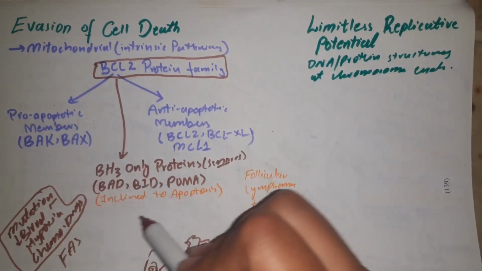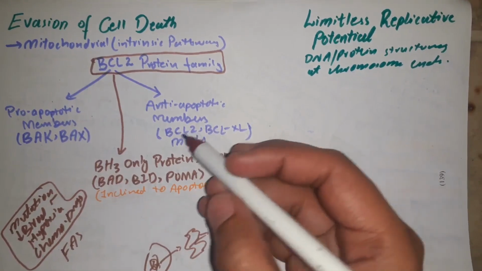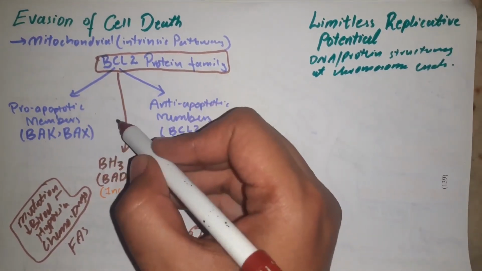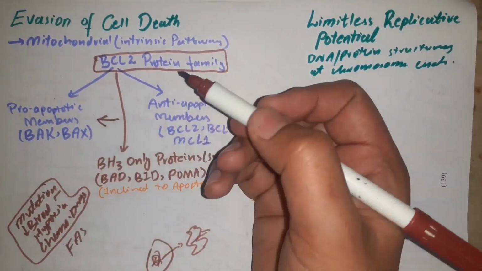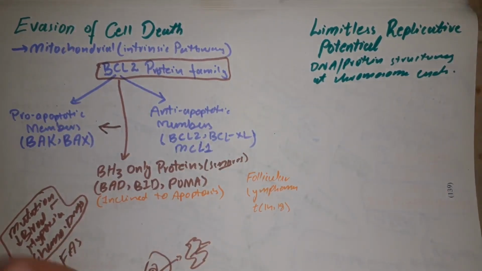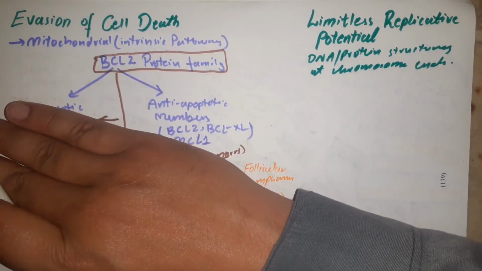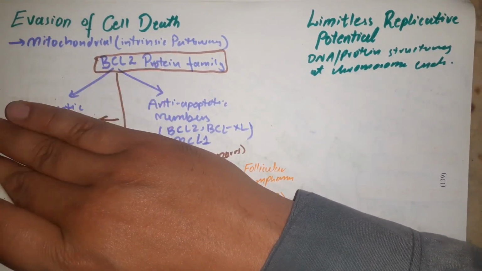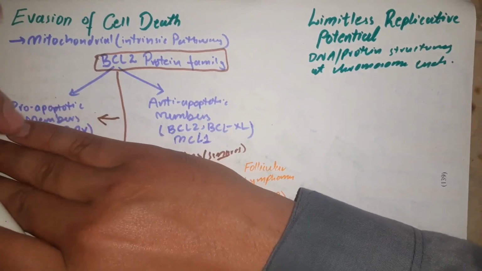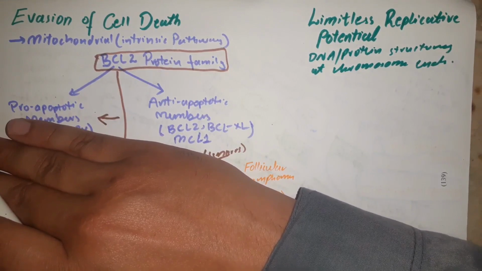These BH3-only proteins are also inclined to apoptosis. They sense the stress, and they also shift the balance towards pro-apoptotic members, so you can call them pro-apoptotic. So these proteins are pro-apoptotic and these are anti-apoptotic, and now cancer cell wants to upregulate these anti-apoptotic members, and inactivate pro-apoptotic members in order to sustain their survival and avoid apoptosis.